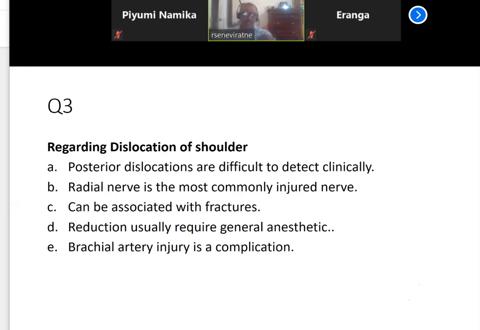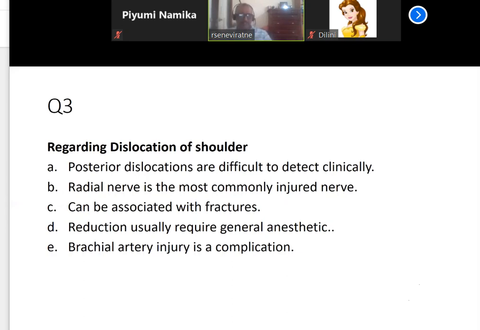So you have to do an X-ray before reduction. Sometimes you have a tendency, if you can't find X-ray, or it takes a long time to do X-ray, to just reduce it. You must not say that, okay? Because you have to know whether there is a fracture or not. The management can be different, as people will need internal fixation.